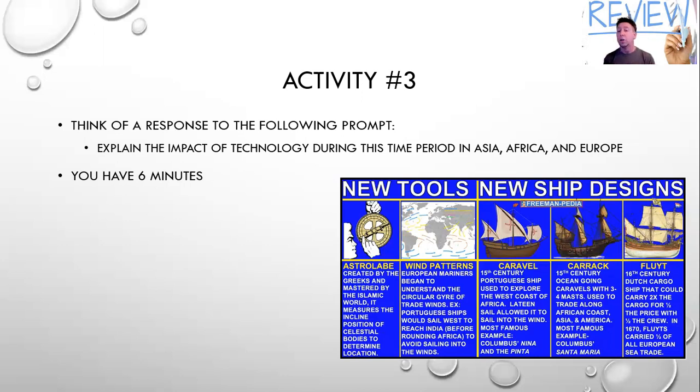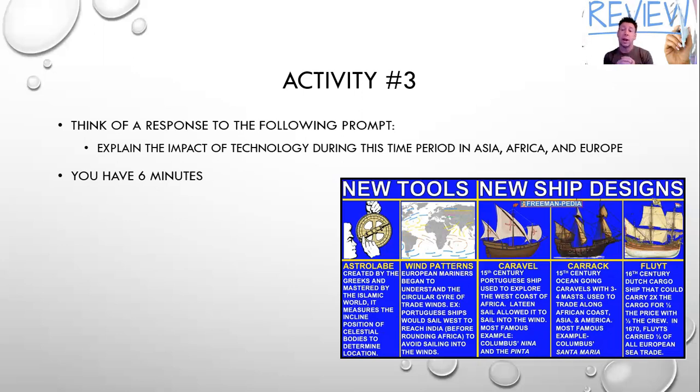As I said before, you have exploration of the Chinese going into the Indian Ocean. You have the Europeans trying to find ways around Africa. You also have Europeans then going across the Atlantic, hitting the New World. So I would try and figure out, can you explain the impact of technology during this time in Asia and Africa and Europe?